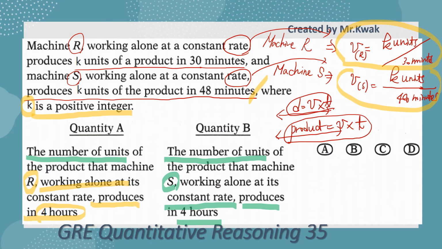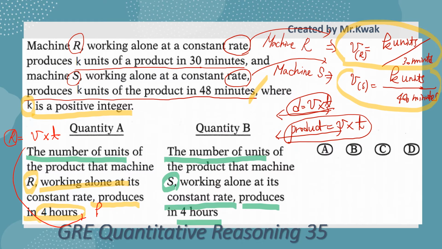About quantity A, as the space is limited, I'm going to write down here with the orange color. The number of units of machine R is the product, meaning the velocity multiplied by time.